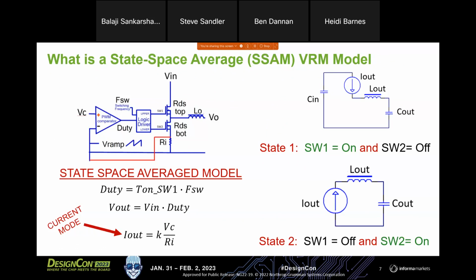One is with the upper switch on. The second state is with the lower switch on. And so we're going to be taking the average of that behavior. And there are some very simple equations that govern that DC to DC converter topology. And that's the basis of these state space average equations that we'll be using in this model, the Sandler state space average model.